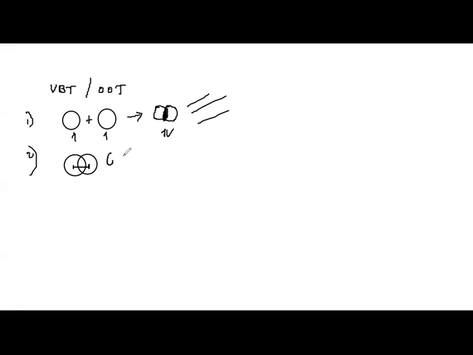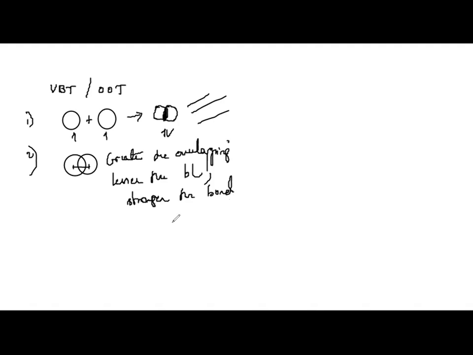So I can say, greater the overlapping, lesser the bond length, therefore stronger the bond. Greater the overlapping, lesser will be the bond length, more will be the attraction, and stronger the bond, which means bond energy will be more.